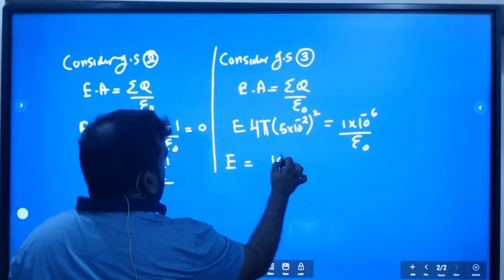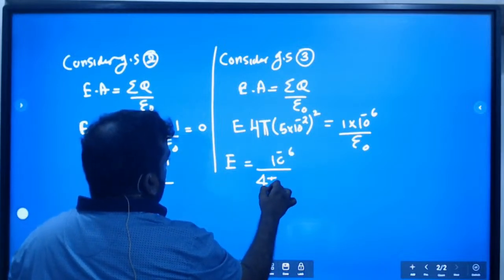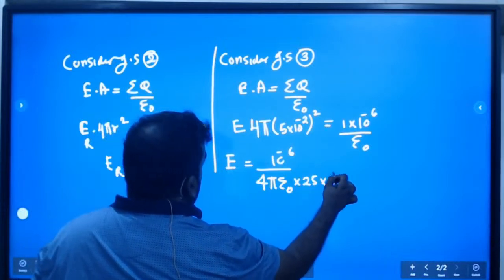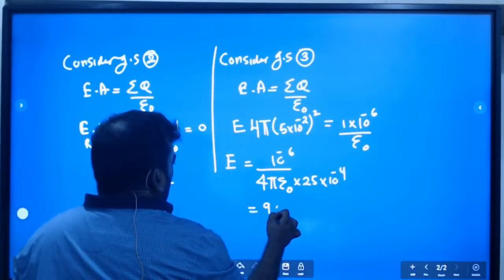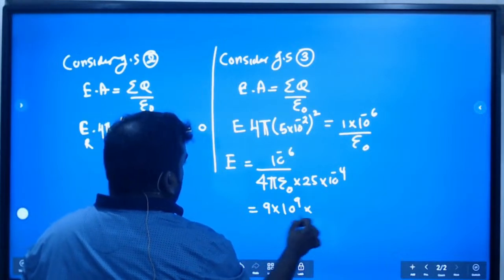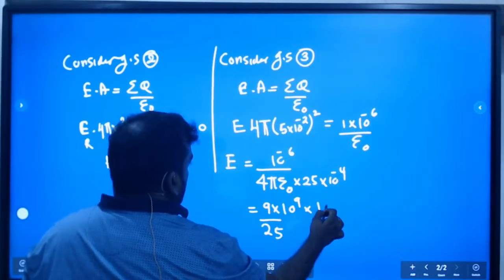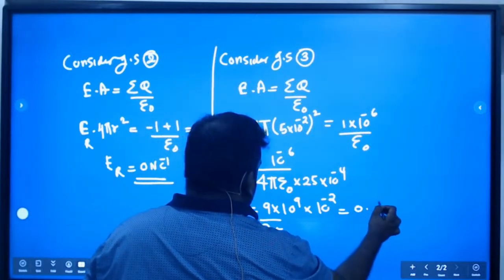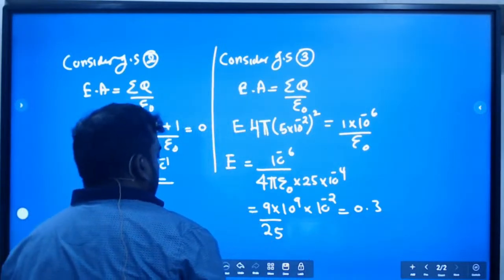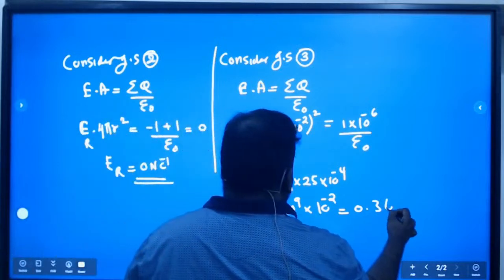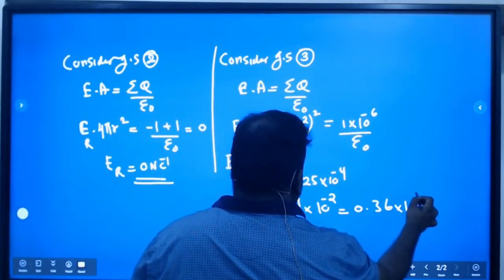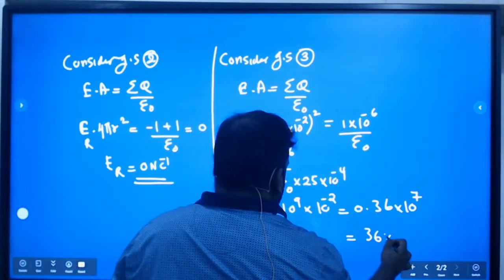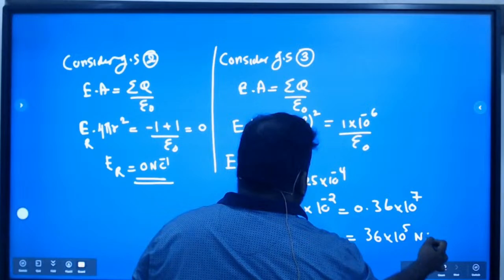Electric field strength is 10 to the power minus 6 over 4 pi epsilon naught times 25 times 10 to the power minus 4, which is 9 times 10 to the power 9 times 10 to the power minus 2. 0.90 you have 3, 150 you have 6, 10 to the power 7. 36 times 10 to the power 5 Newton per coulomb.